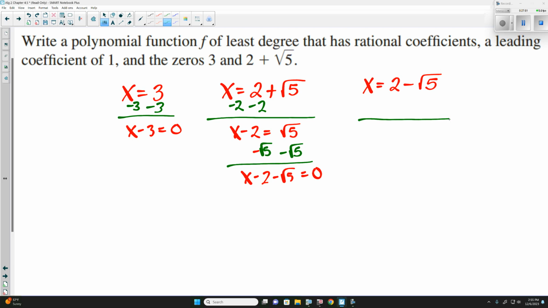Last one. So x minus 2 is equal to negative square root of 5. Now we would add square root of 5.